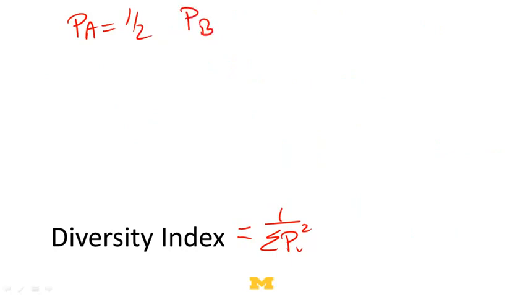Okay, so our diversity index, remember, was just 1 over the summation of these PI squareds. So before we had PA equals PB equals PC equals PD, and we got a diversity index of 4. Well, let's suppose we have PA is a half, PB is a third, and PC equals a sixth. So what we have here is 3 types, A's, B's, and C's, but they're not evenly distributed.